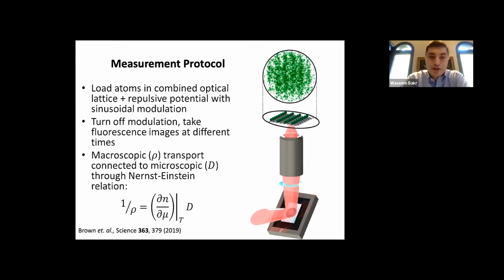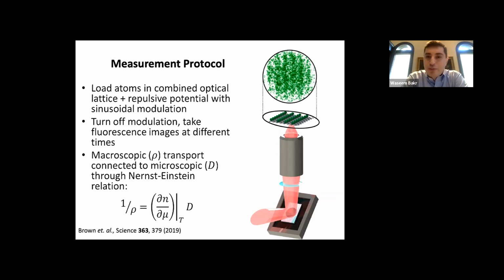So one thing we did in this study is we wanted to study the system at a fixed doping, because as you remember in the phase diagram, this strange metal only occurred over a range of doping. So we don't want to be studying a very wide range. We just want to fix the doping. And so we want to cancel this harmonic confinement that's coming from the Gaussian laser beams. So we project an extra potential to just make the potential flat over a region of about 30 sites or about 1,000 atoms or so.